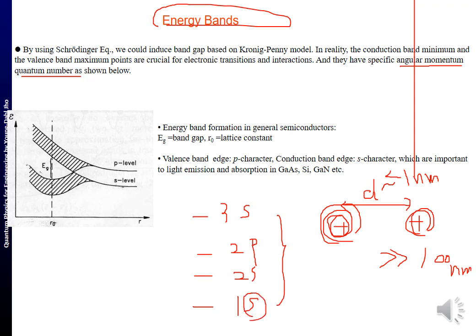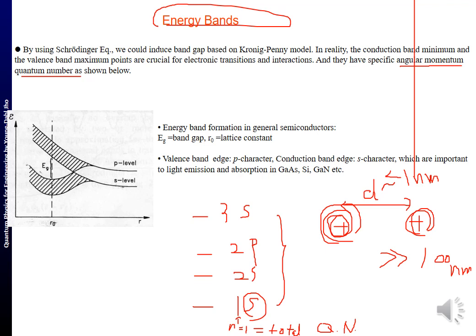And 1s means the total quantum number n is one. Or you can say principal quantum number. You will learn it later on still. It's okay if we don't know the details, but you will see it.